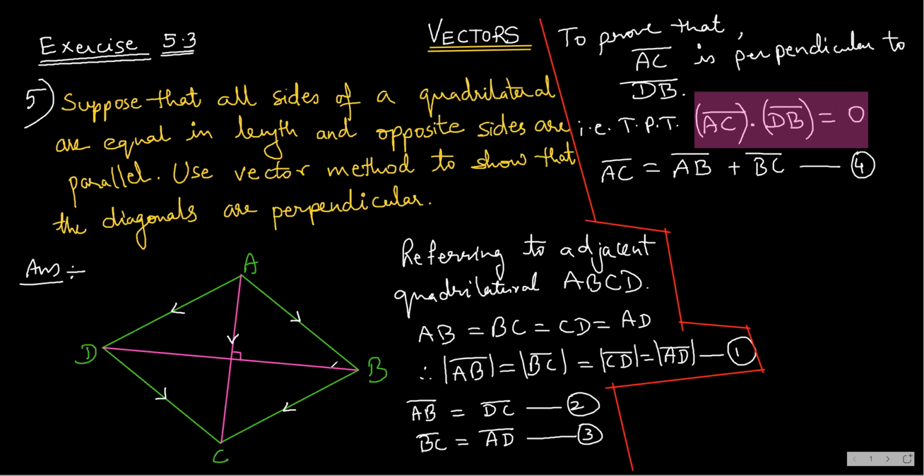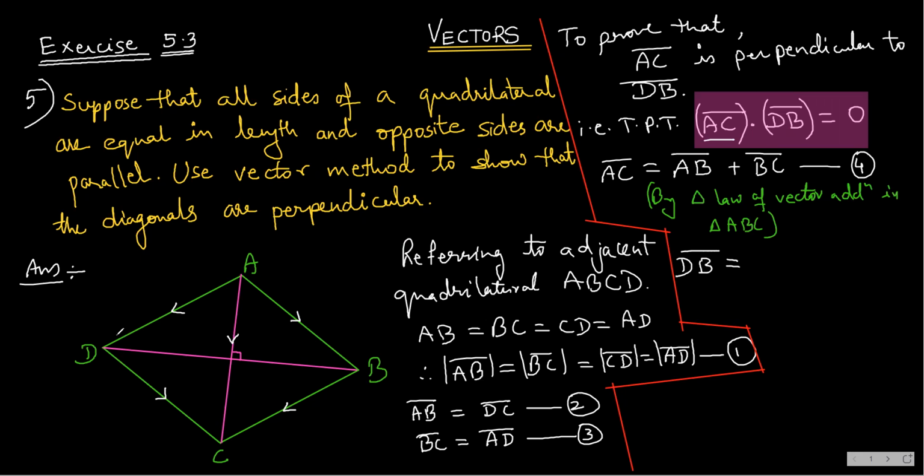This is my explanation for equation number 4, how I got equation number 4, by the triangle law of vector addition in triangle ABC. Then I go for DB bar. Students, you want AC bar and DB bar. So I have found AC bar, now I am going for DB bar.